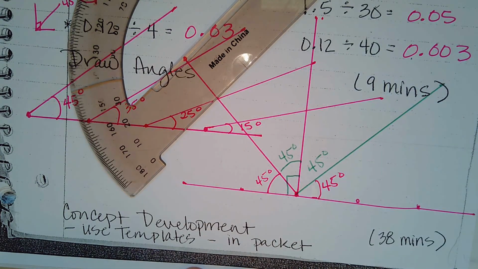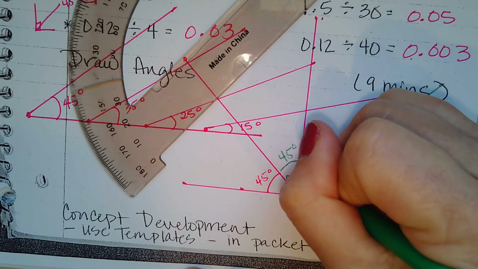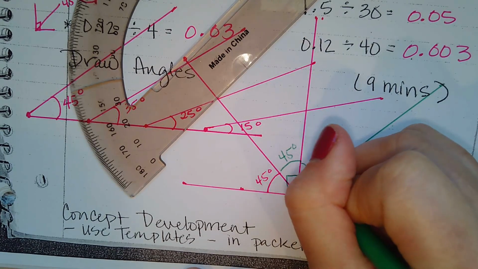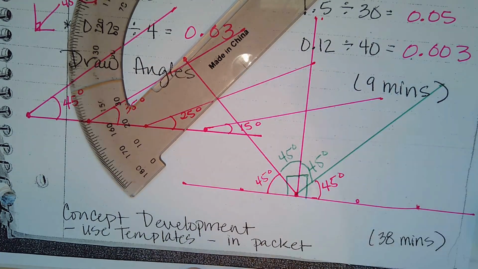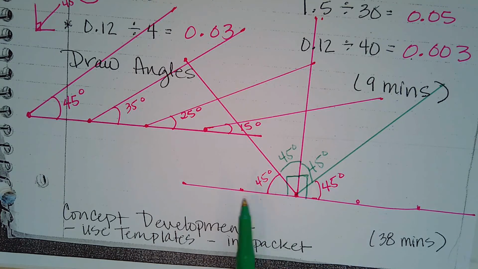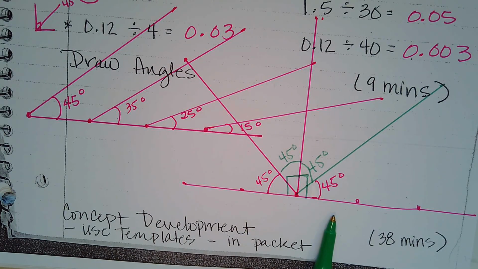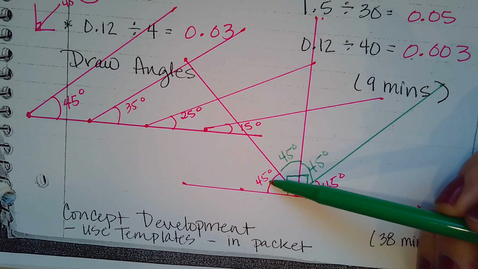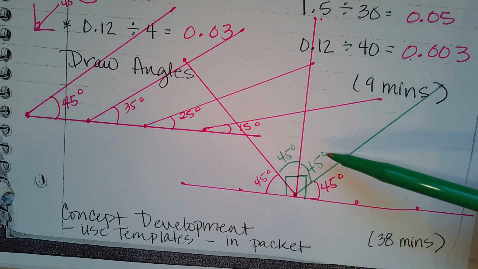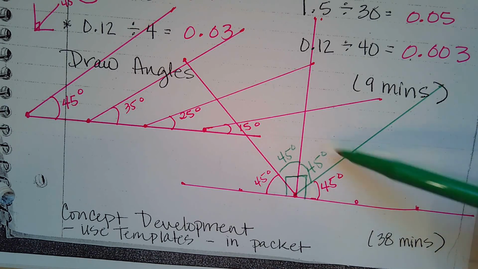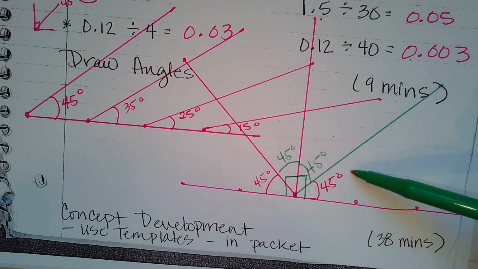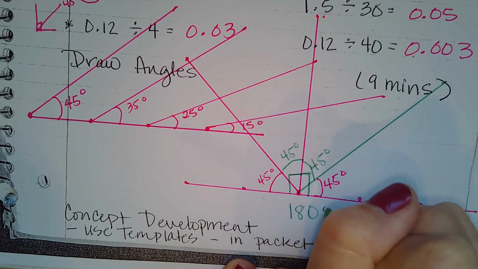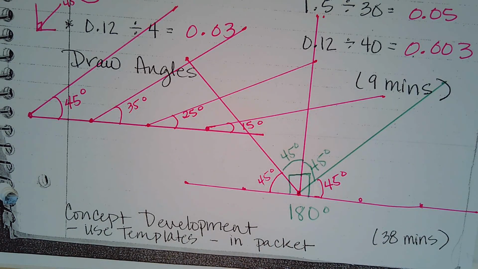So 45 and 45 would be a new 90-degree angle. Now, what's 45 times 4, or what's 4 45s? When you have 45 plus 45, which is 90, and 45 plus 45, which is 90, so it's 90 plus 90. It's 180 degrees.